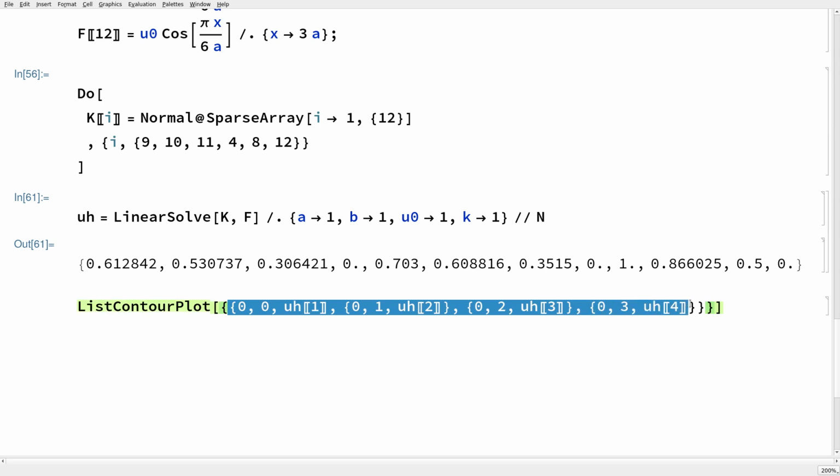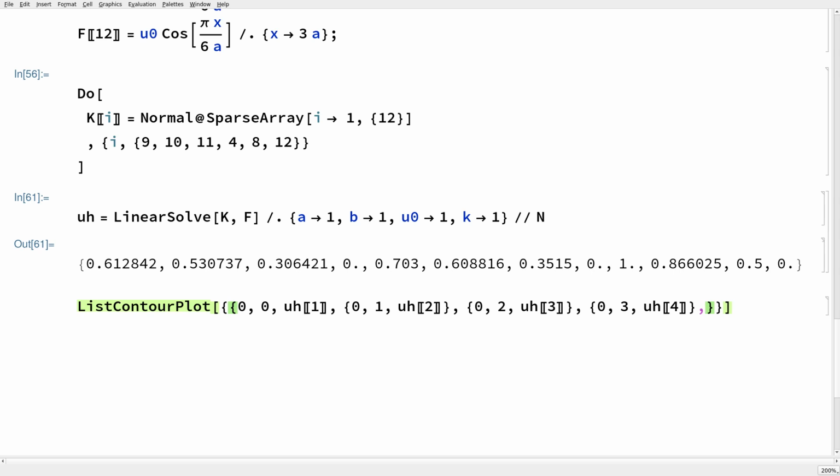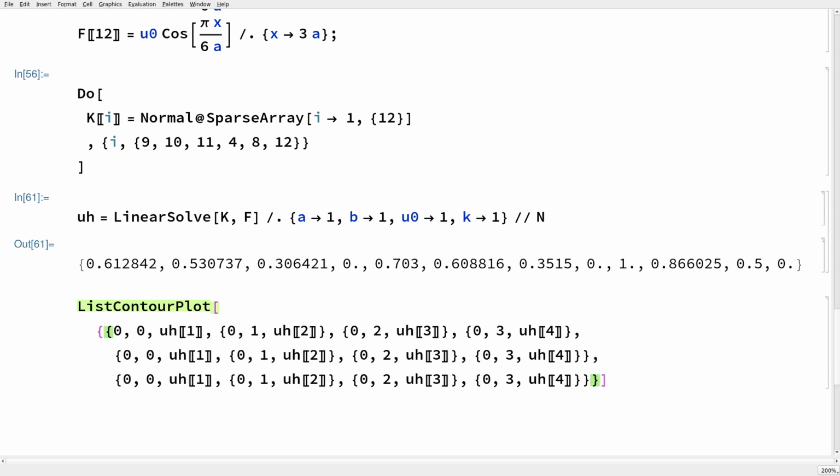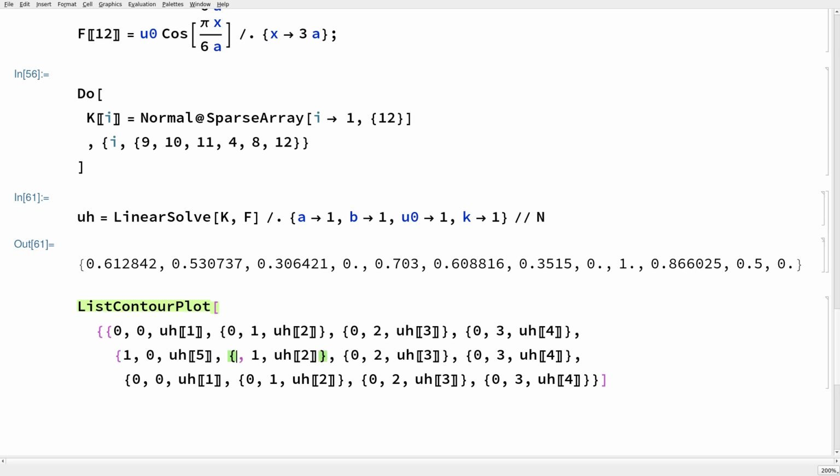Two more rows of that. So node 5 is 1, 0. Node 6 is 1, 1.